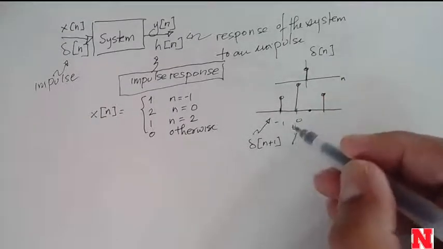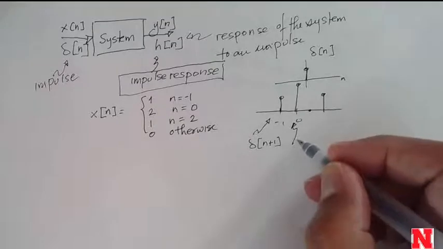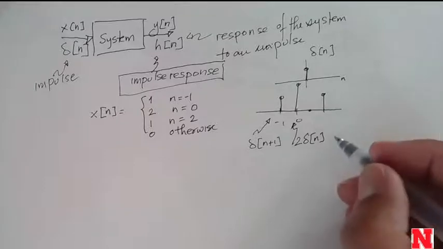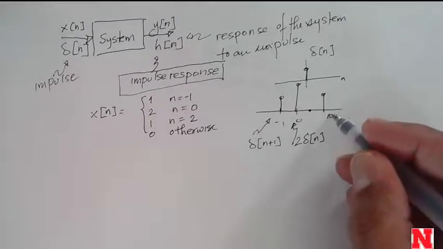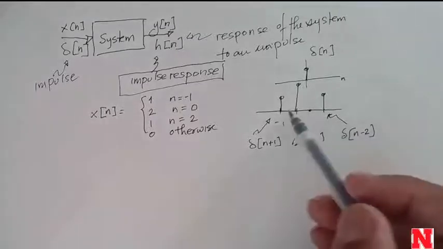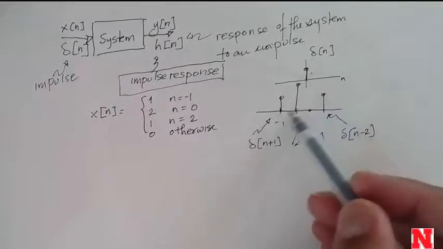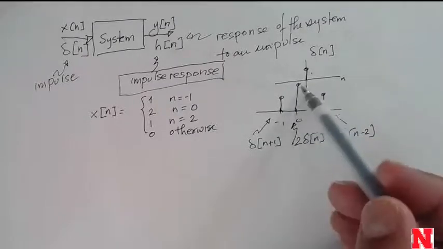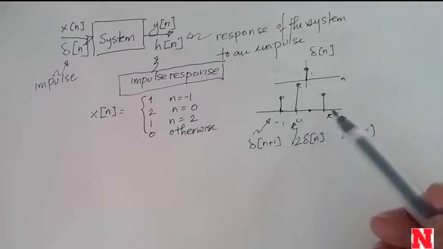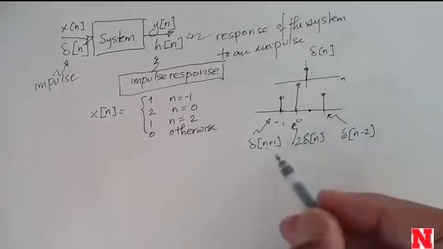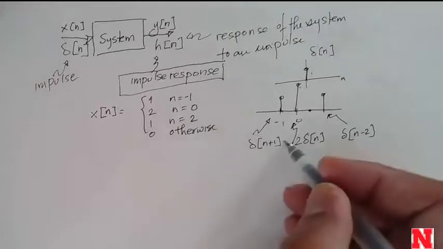So this delta function shifted to the left by 1, we write as delta of n plus 1. This thing here is just twice the delta function, 2 times delta of n. We don't have anything over here, we don't have to write anything. And this thing over here is just a delta function shifted to the right by 2, delta of n minus 2, right? So I have the whole thing, x of n, I can write as that.